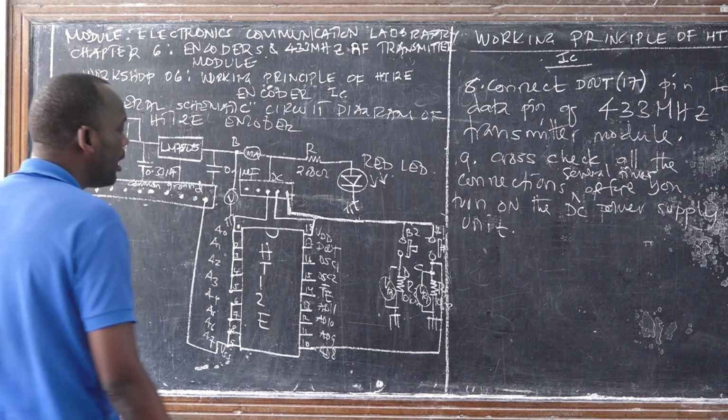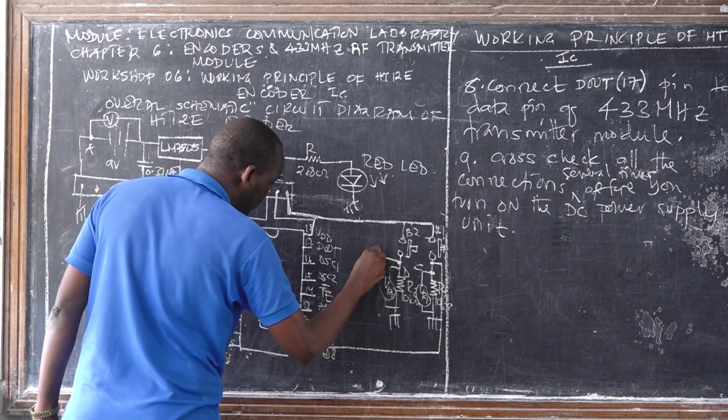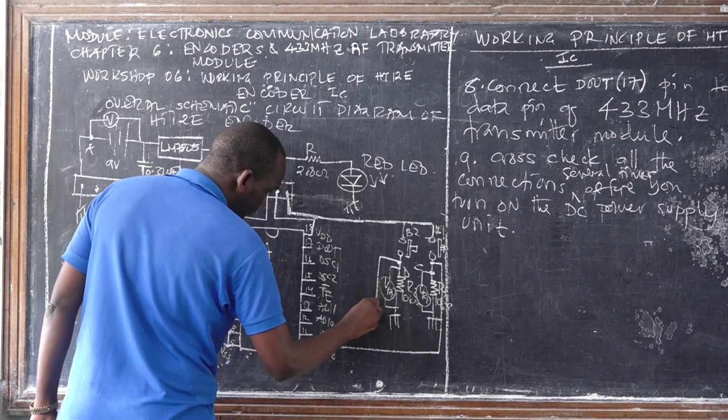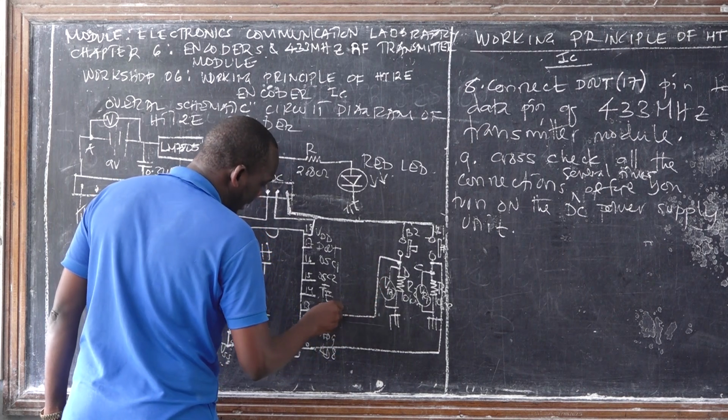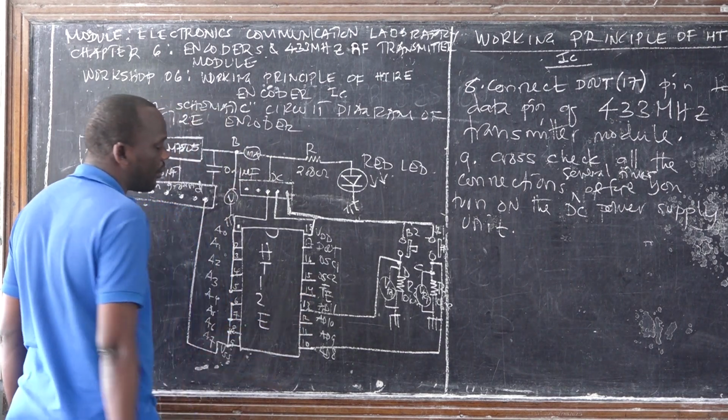Are we together? You take again the male-to-male jumper, and you connect. You have to remember this configuration, because when you are decoding the information, you have to remember where we connected our inputs.